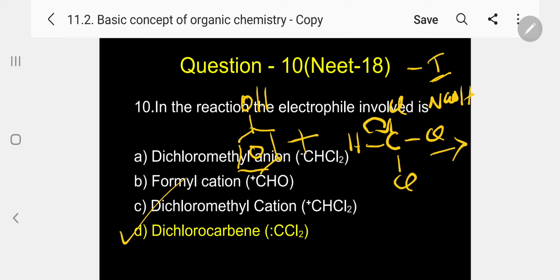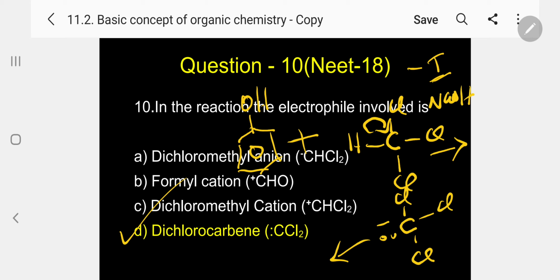Minus I effect. So what will happen now? Because of the minus I effect, this hydrogen is going out, and it is now producing CCl3 minus. Please follow. So this is the species formed. And from this species, kindly follow, what is happening now?